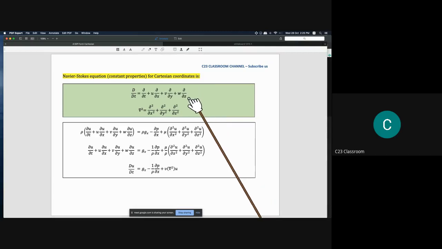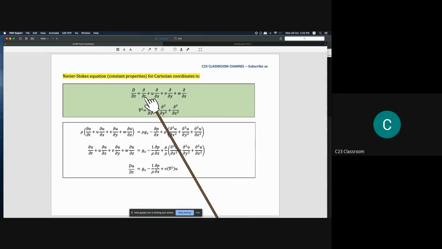So these are the notes for the capital D dt. It is actually the symbol for this one. If you are going to analyze something in the x direction, you put a u here, because u is the velocity in the x direction, and then you need to put u everywhere here.